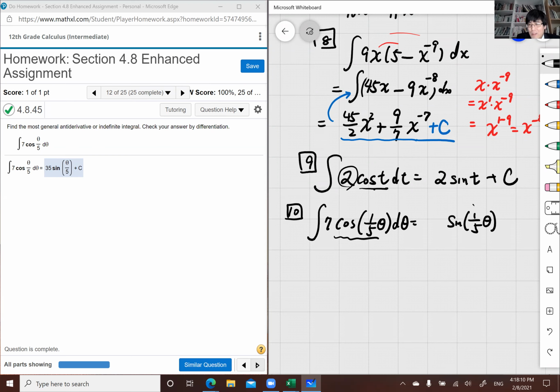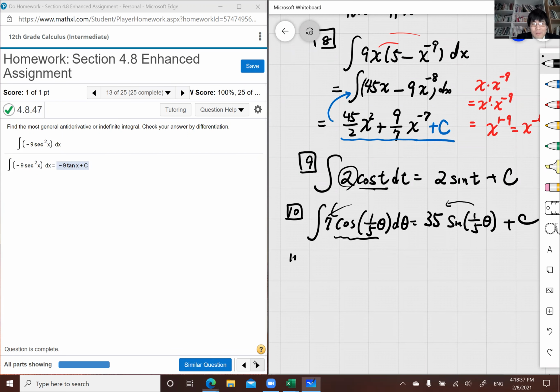But when you differentiate this one, you get positive cosine of 1 over 5 theta times 1 over 5. So it's going to be divided by 5. So I had to multiply it by its reciprocal. So I just multiplied by 5 at the beginning to make it 35. Now this should give you 7. And don't forget to add c.